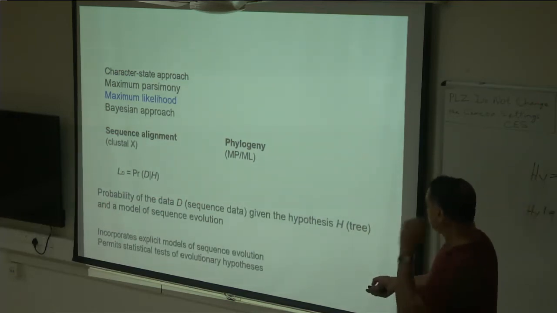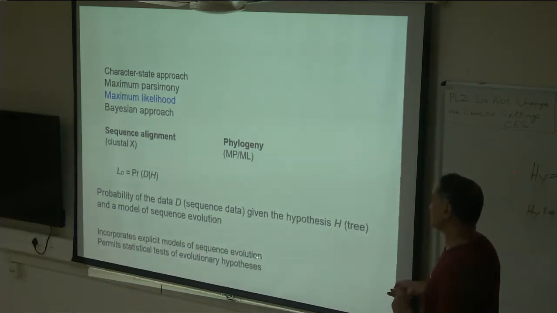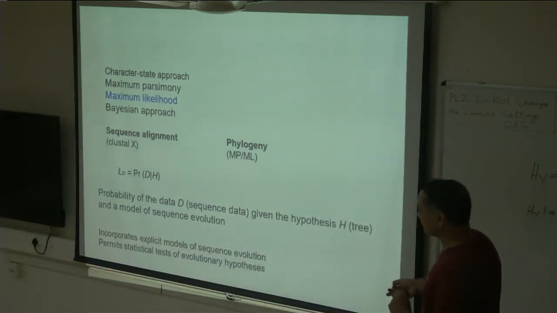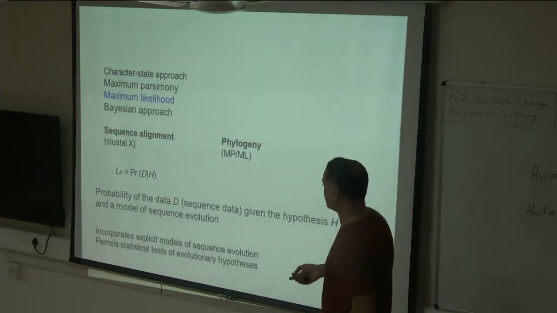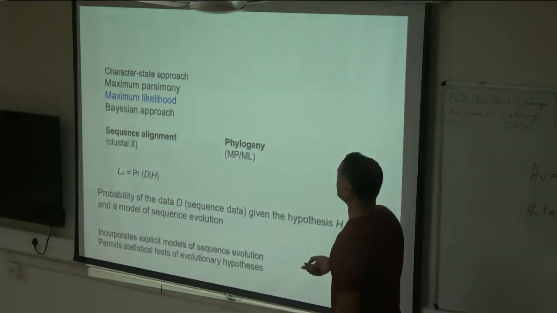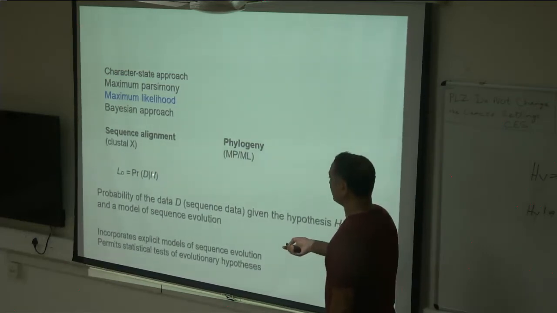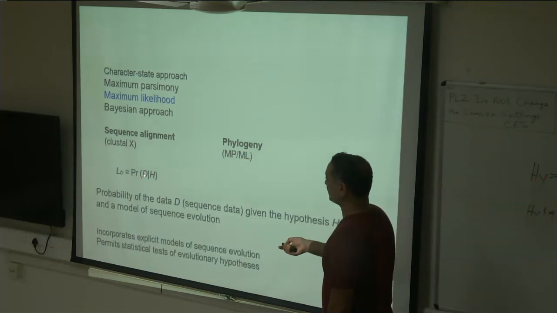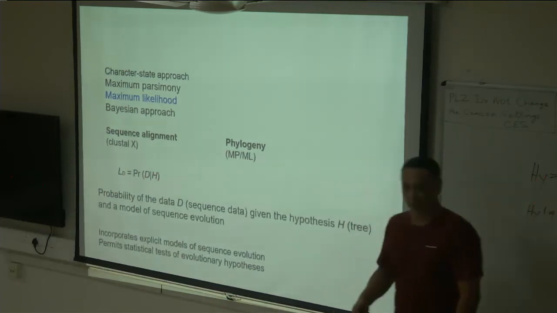Okay? So in case of likelihood, it incorporates an explicit model of sequence evolution, and one can also do some statistical tests to test various evolutionary hypotheses. Okay, so the main part here is: data is the sequence, hypothesis is the tree, and the model of sequence evolution.